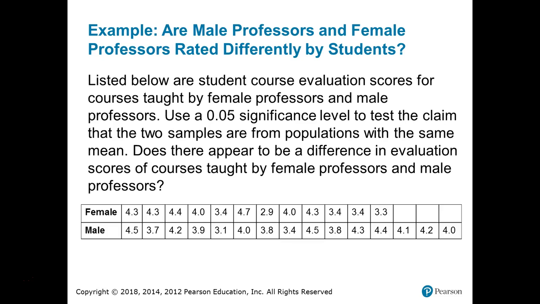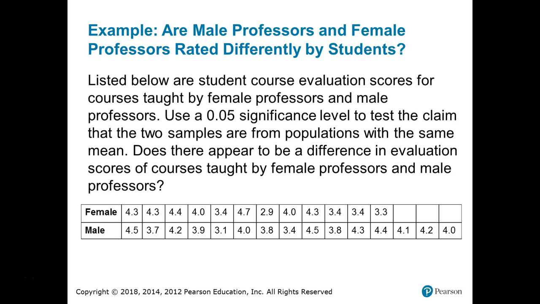So similar to how I did it in section 9.1, we're going to look at one example, and we're going to solve it several different ways, both p-value, critical value, and confidence interval, both with and without technology. So this is an example that we did in a previous section, I believe, and it is the course evaluation scores for courses taught by a female professor and male professor.